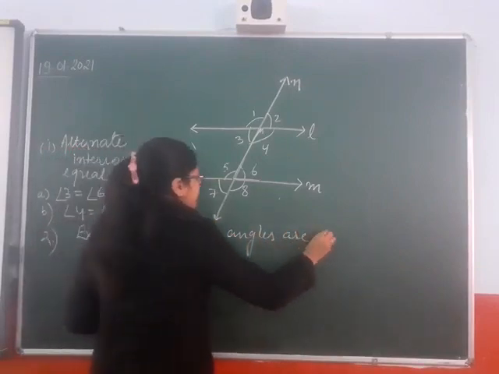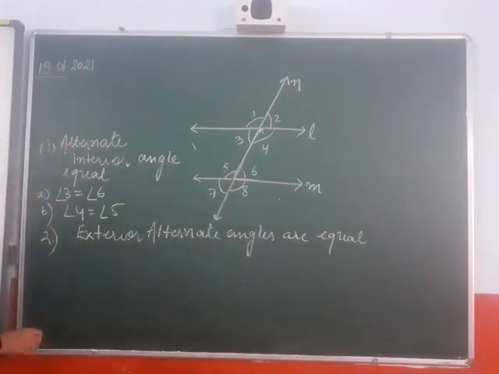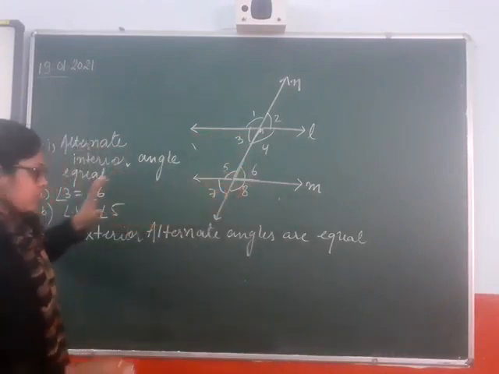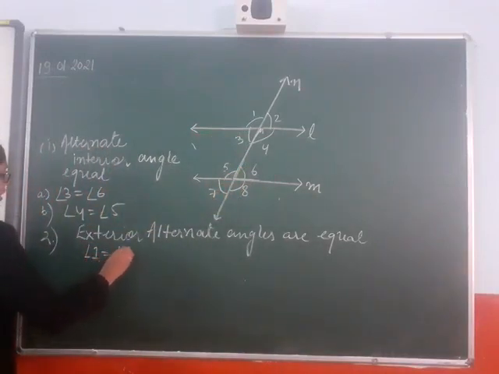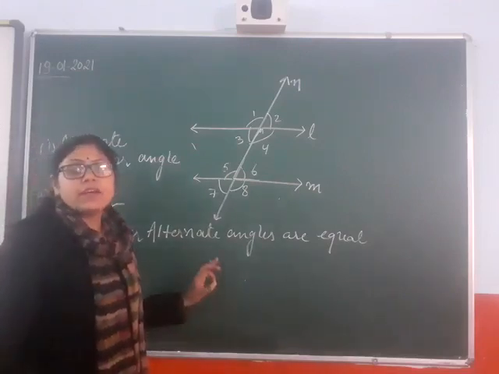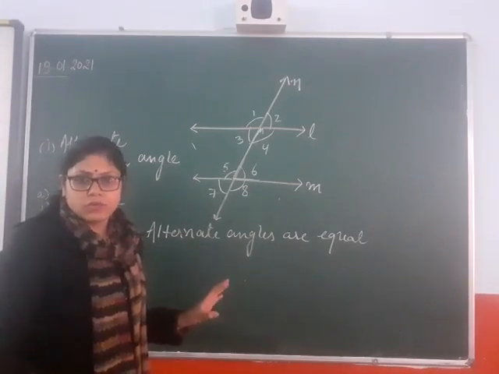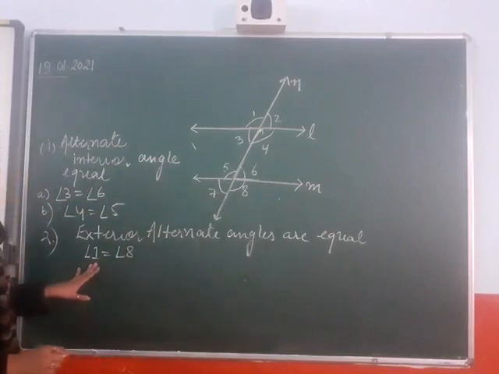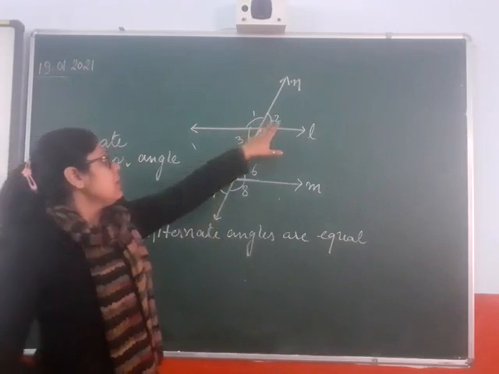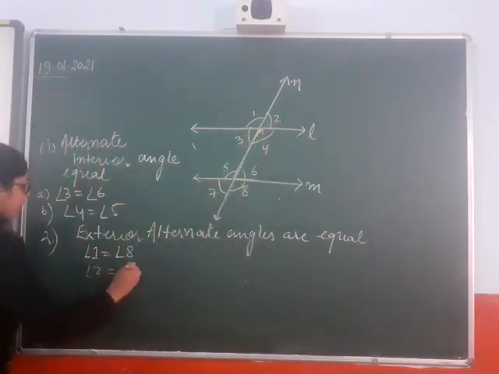Now we will write what those exterior alternate angles are. Angle 1 will always be equal to angle 8. While writing answers, when you do the questions, you will write the correct reason because that reason will carry marks. And one more exterior alternate pair is angle 2 and angle 7, so angle 2 will be equal to angle 7.